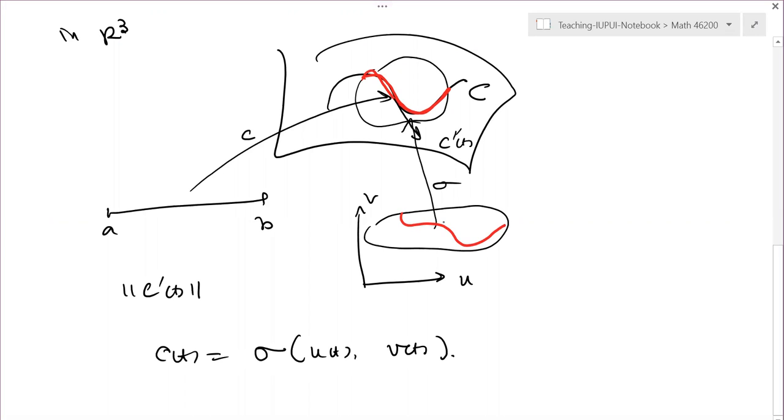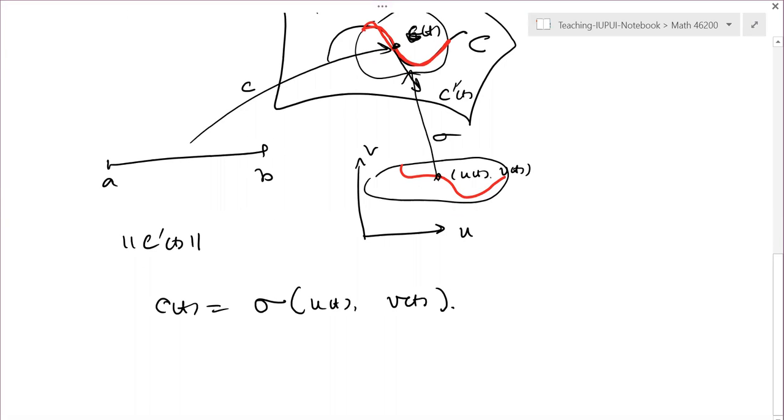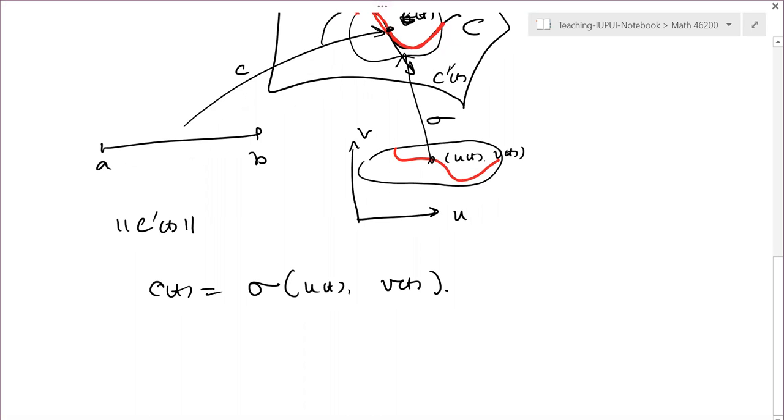At every point, this is the point C of t, and this will be u of t and v of t. Now the curve may occupy the whole surface, but my surface patch only covers a small neighborhood. That's just a local version, so locally we can describe that.